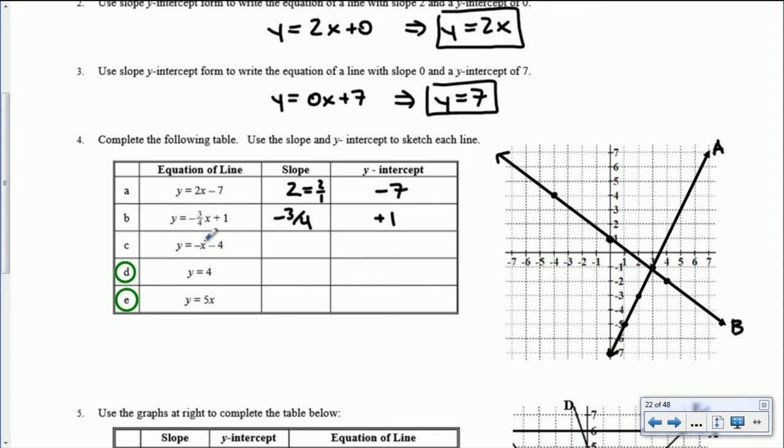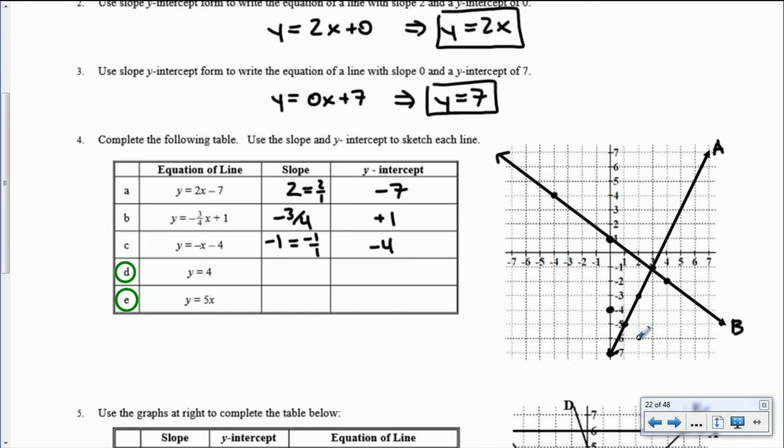So -x subtract 4, the slope is -1, or if you prefer, -1 over 1. The y-intercept is -4, and we can graph that. So y-intercept will cross through there. The slope is -1 over 1. So we go down 1, right 1, down 1, right 1.